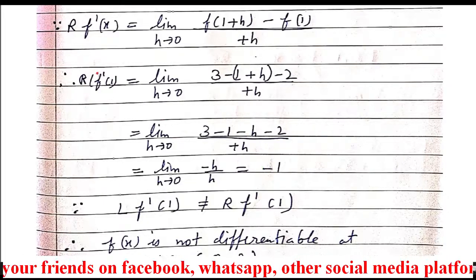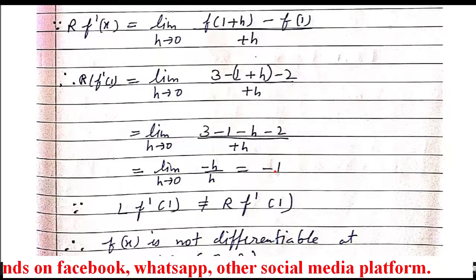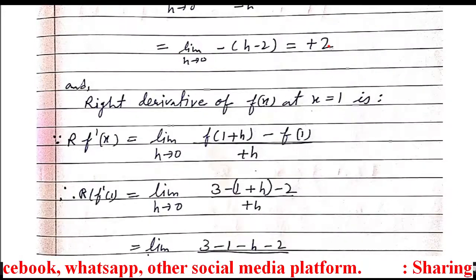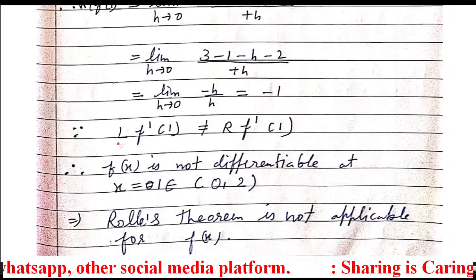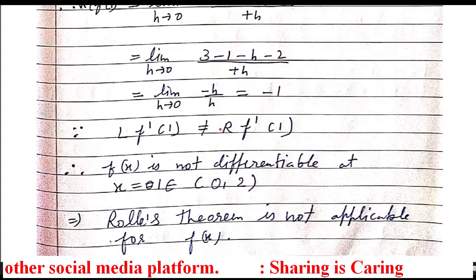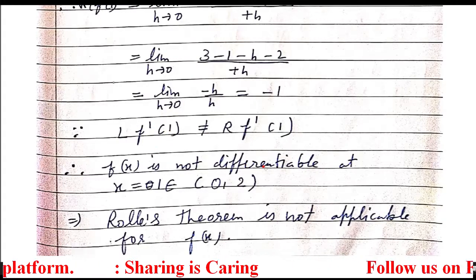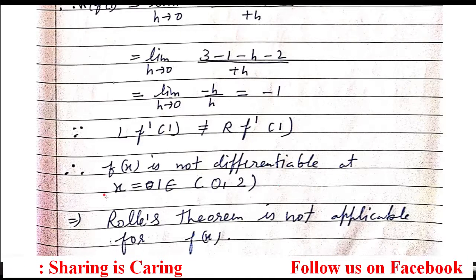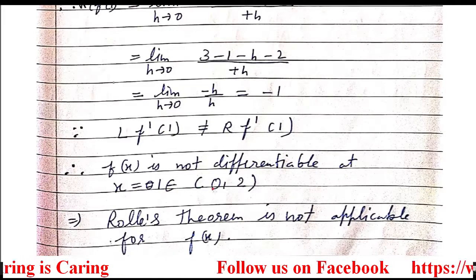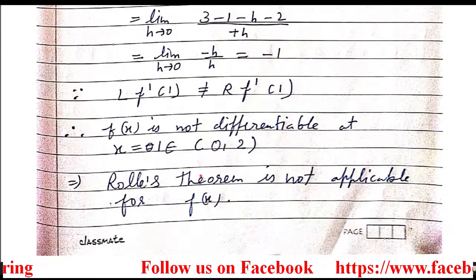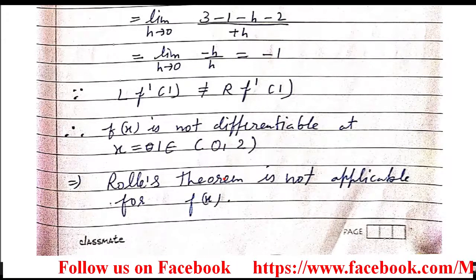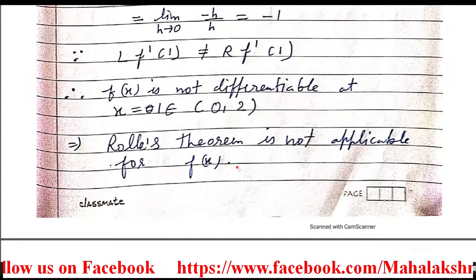So the right derivative we obtained is minus 1, but the left derivative we obtained is plus 2. Since the left derivative and right derivative are not the same at x equal to 1, the function is not differentiable at x equal to 1, which belongs to the open interval. So the second condition of Rolle's theorem is not satisfied, hence Rolle's theorem is not applicable.